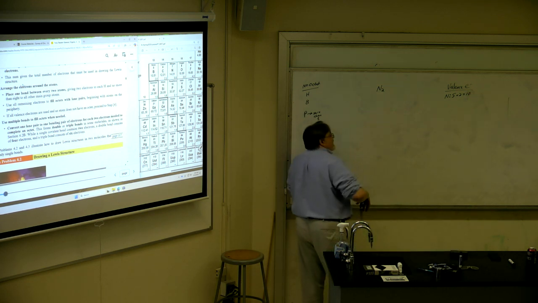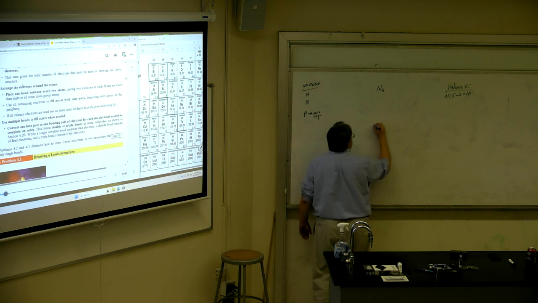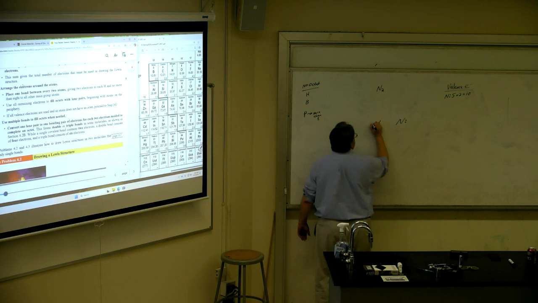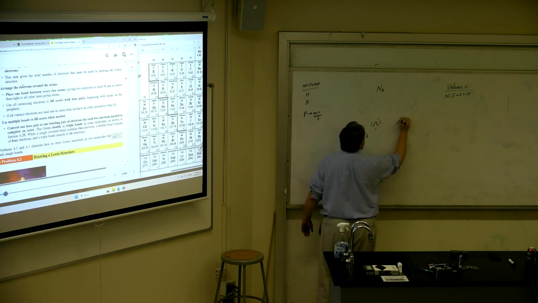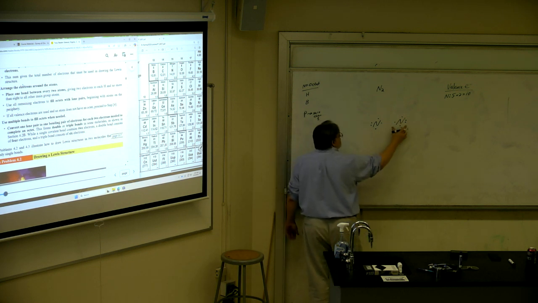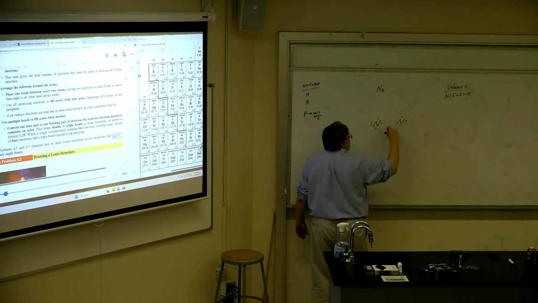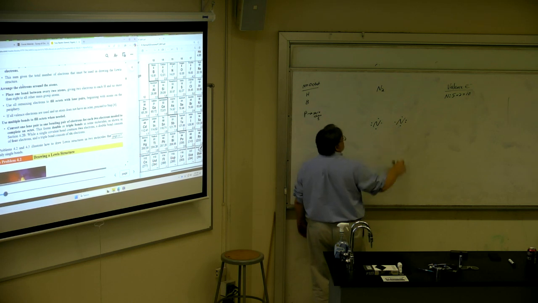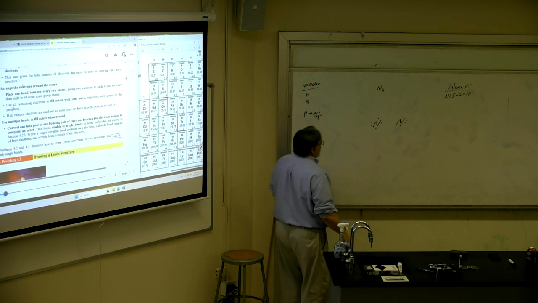Let me go back to the way I did this last week, just as a quick exercise. So to get the Lewis structure of the atom, I would just start counting around 1, 2, no, let me start here, 1, 2, 3, 4, 5. So this is the Lewis structure for nitrogen.